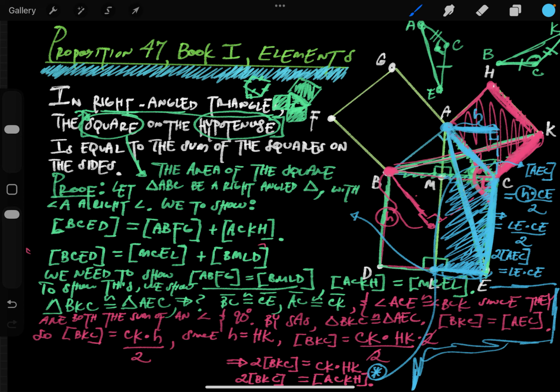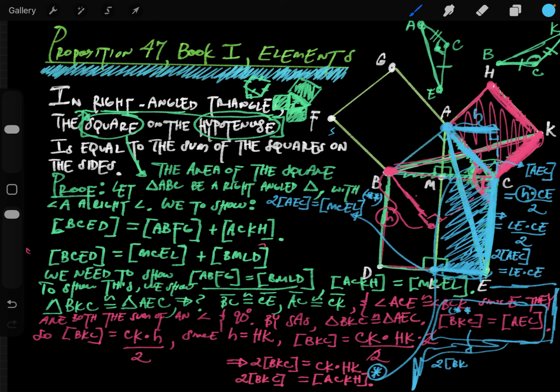Let's go over here. We're going to say that 2 times AEC is equal to MCEL. And, well, let's see, we got another star. I don't know which. Okay, so now what we can say is, the area of the two triangles are the same, right? So if I take this relationship and multiply it by 2, let's call this triple star.